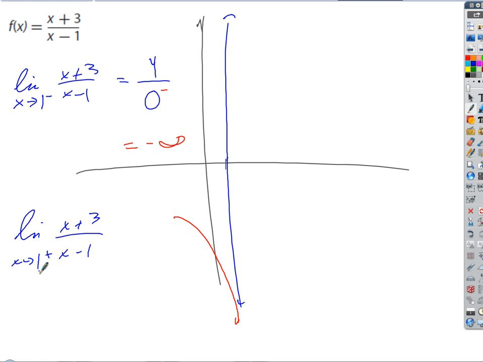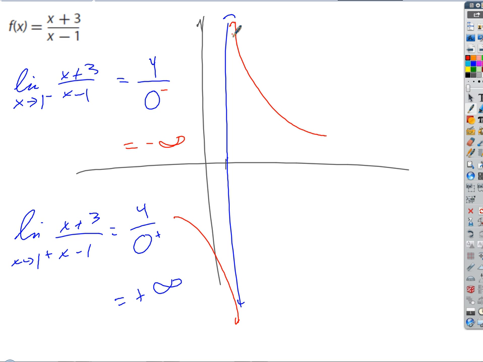I'm going to go 2, 1.5, 1.1, 1.01, 1.001, etc., right? What do I get then? Once again, I'm going to get 4 on the top. But now what number am I getting on the bottom? I'm approaching 0, but what's the sign going to be? Positive. Yeah, so we'd call it 0 plus, right? And so this time, I'm going to get an infinite answer. It's approaching infinity, but the sign is going to be positive. So if we approach from the other direction, it's going to do that, right?